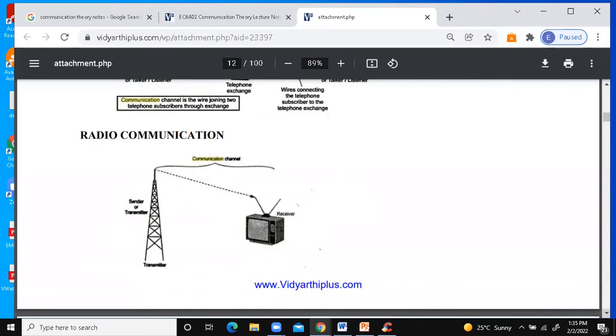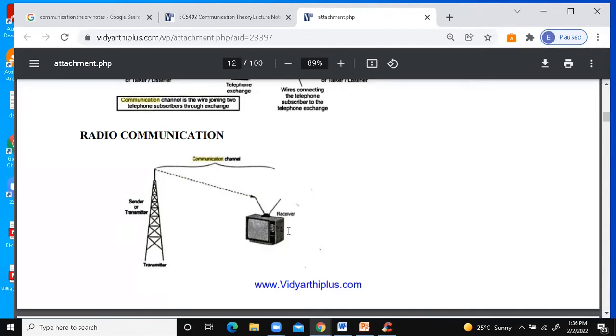So you have a tower. You get the information to a tower close to you, and then you transmit it through air to an antenna on your TV or your radio.